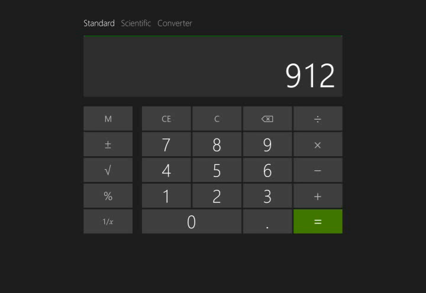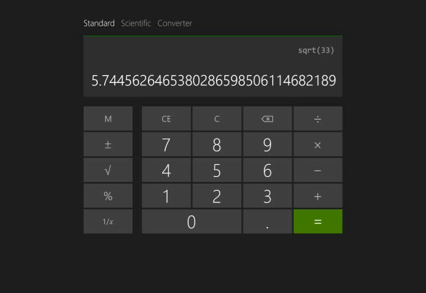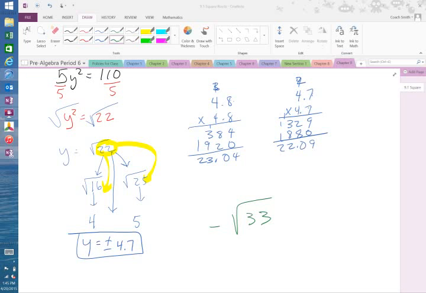But, so we take 33 and take the square root of it. Okay? Now, if we round it to the nearest tenth, what's that going to be? 5.7. So, it would be negative 5.7.